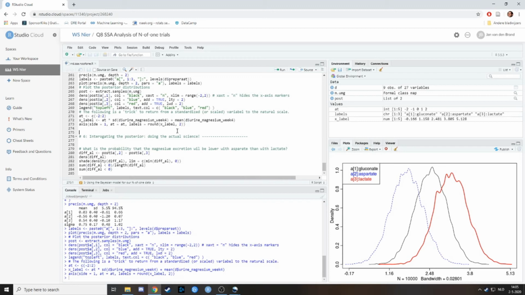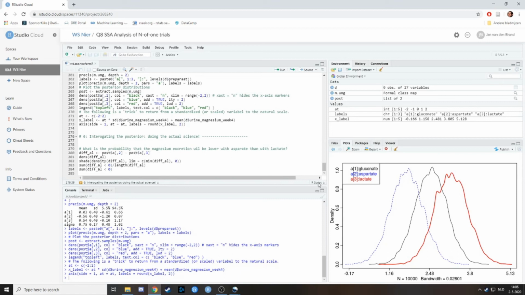So from our scientific point of view, we might want to ask the question, what is the probability that the magnesium excretion will be lower with aspartate than with lactate? In other words, does aspartate work better than magnesium lactate to reduce magnesium excretion in this magnesium wasting condition?